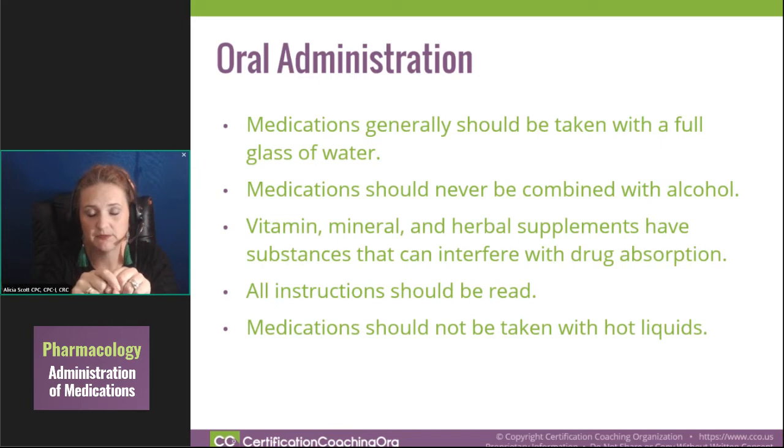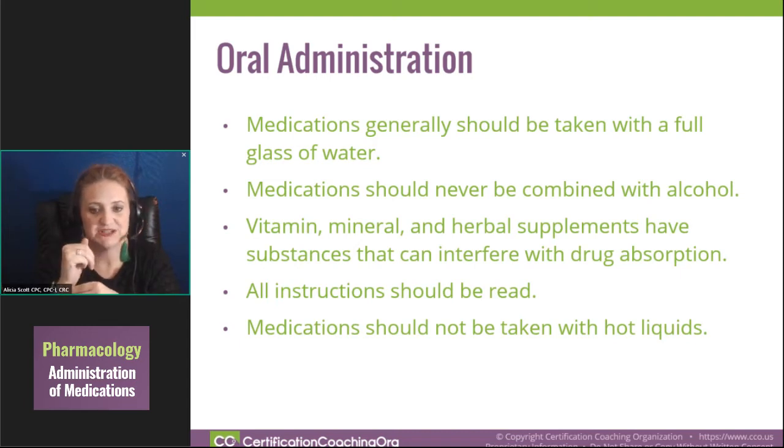If you don't tell the provider or the pharmacist, they're probably not going to label or know that you're taking that, right? And it can definitely affect not only drug absorption, but also interfere with the medication, making it not work, or making something work to the extreme.